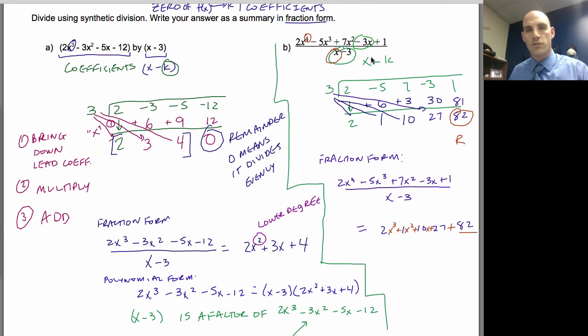So it goes over what I'm dividing by. So my answer, to clean it up, is 2x cubed plus x squared plus 10x plus 27 plus 82 over x minus 3.